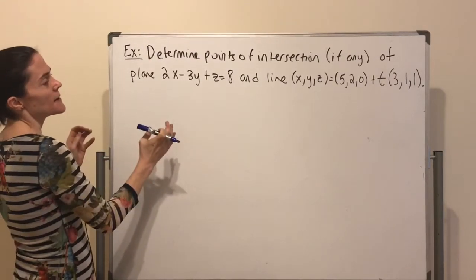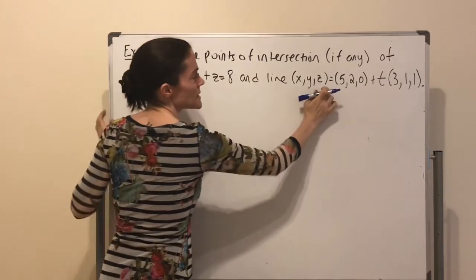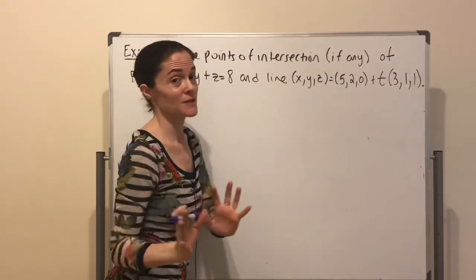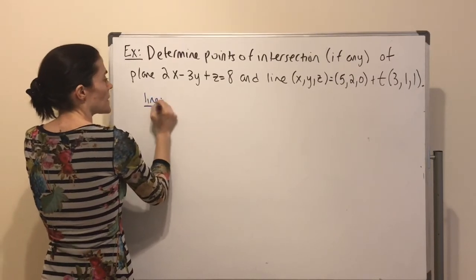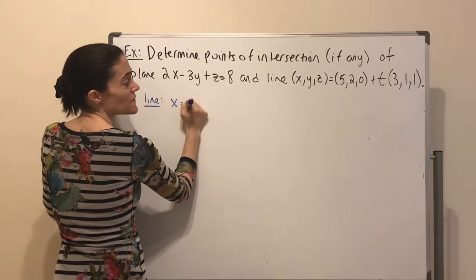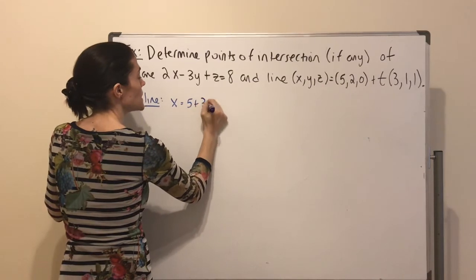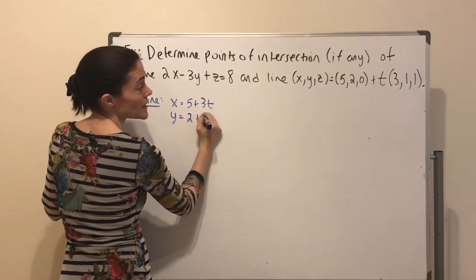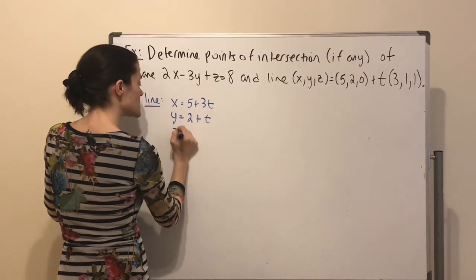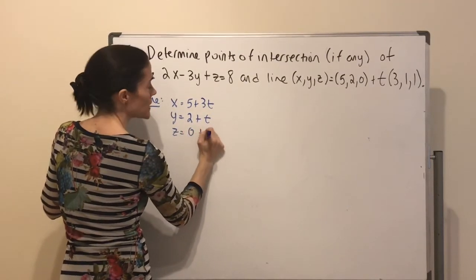Well, let's use this and get parametric. The line, we know that x is 5 plus 3t. We know that y is 2 plus t. And we know that z is 0 plus t.